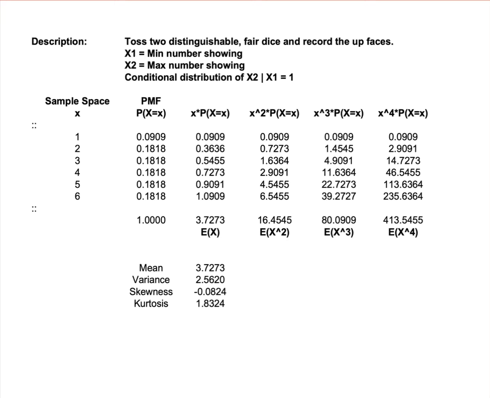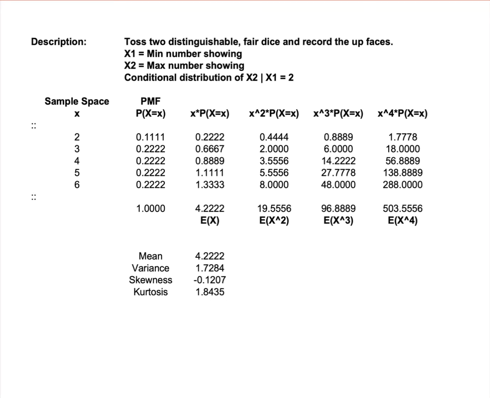Here I have the conditional PMF of x2 given that x1 is equal to 1. And from that conditional PMF, it's calculating all of these raw moments. And from the raw moments, using the expansion formulas for the central moments, it is calculating the conditional mean, conditional variance, conditional skewness, and conditional kurtosis.